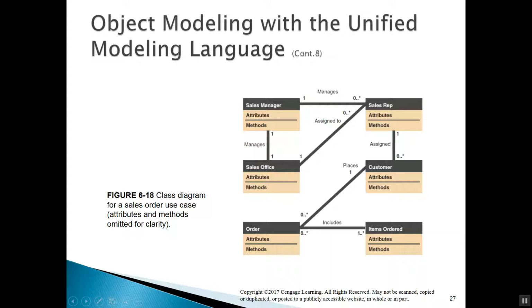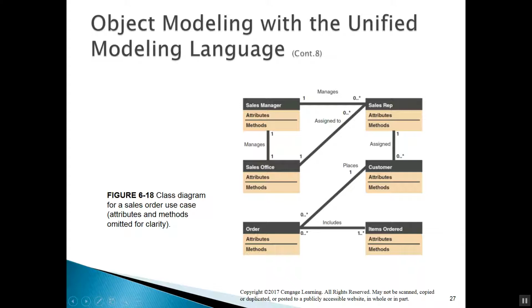So in this one, we can see that a sales manager manages a sales office. A sales rep is assigned to a sales office. Sales manager also manages sales reps. We see the references or the relationships between the different objects.